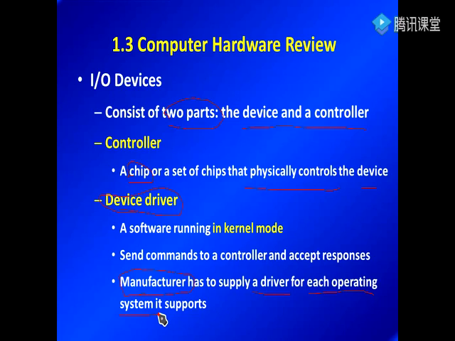Then the driver can follow the commands, and the driver will transform the commands from the operating system to commands that the controller can understand, and then the driver sends these commands to the controller, and finally the controller executes the commands from the driver to get some data or store some data.